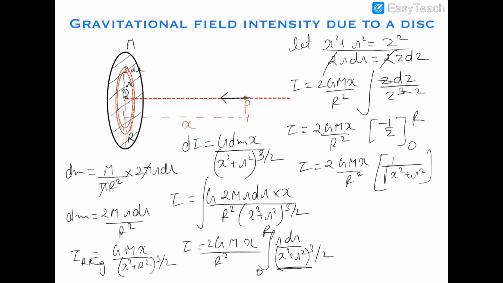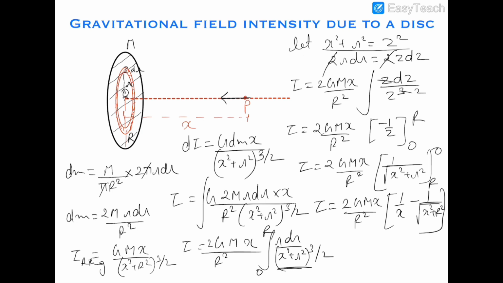And by using this negative sign, I am just reversing the limits. So the limits would be R to 0. So this is 2GM x by R square, and this is 1 by x minus 1 by under root x square plus r square.